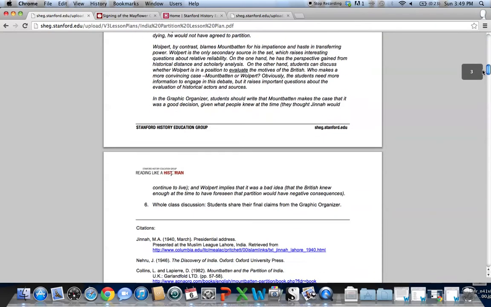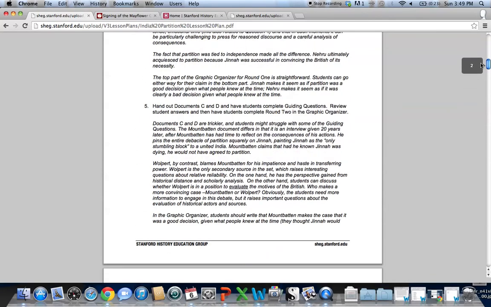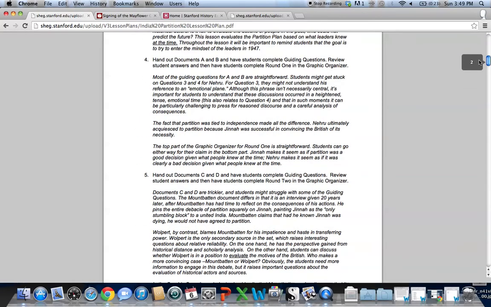So lesson plan here. The big thing I'm going to have you guys look at for a second is that this has students look at 2 documents first, answer questions on those, and then they get 2 other documents. And this is where students are forced to corroborate between their 2 sets of documents.